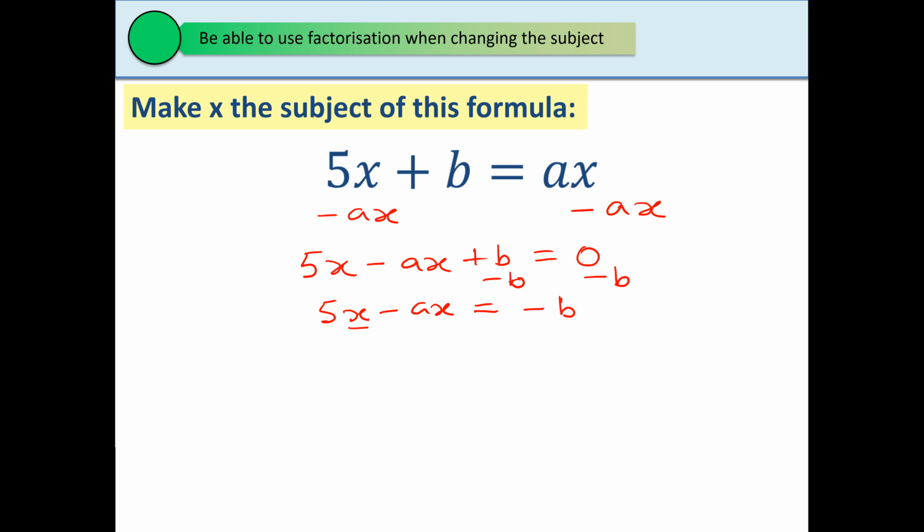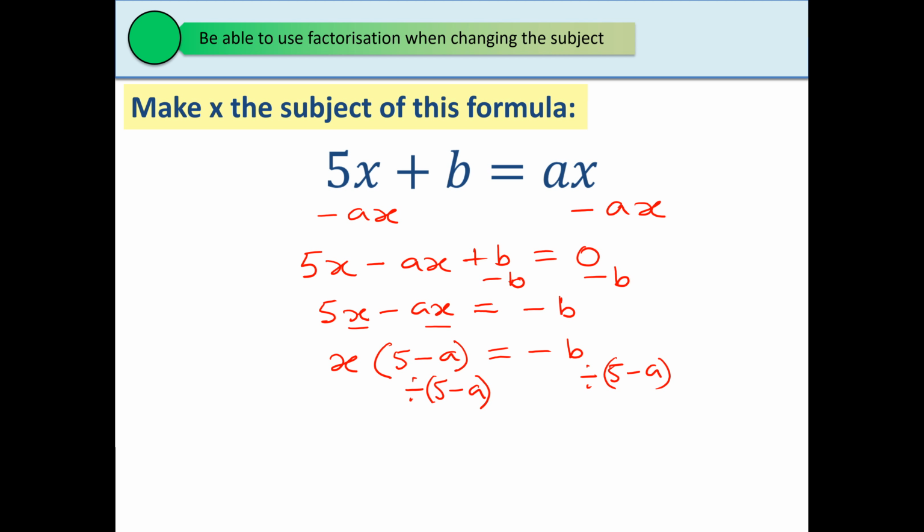Now you can see I've got two x's here, so let's factorize it. So take x in the outside bracket, and that'll give us 5 minus a. And on the right hand side we have minus b. Let's get rid of 5 minus a. So divide by 5 minus a on the left side, and divide by 5 minus a on the right hand side.